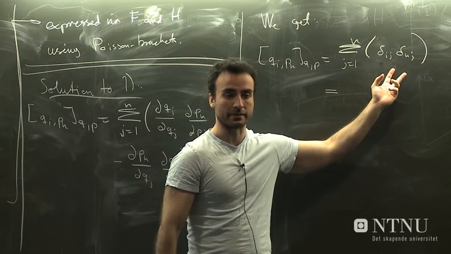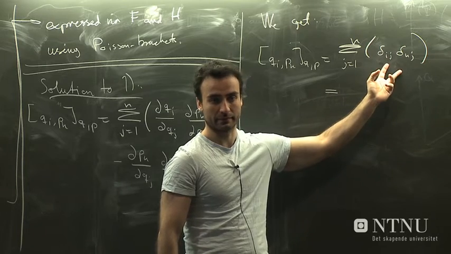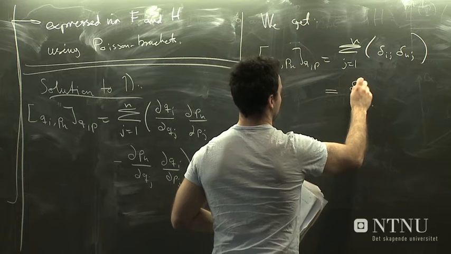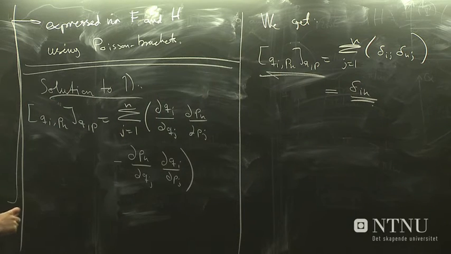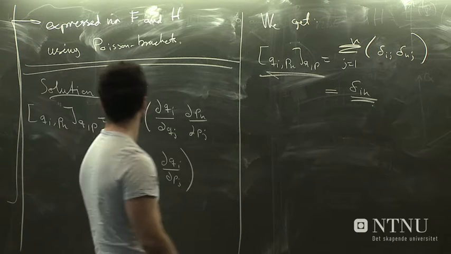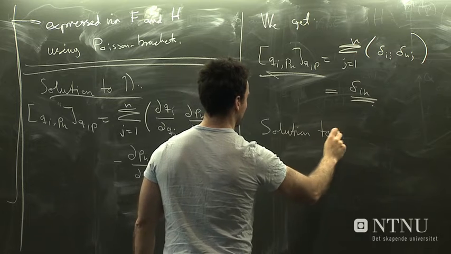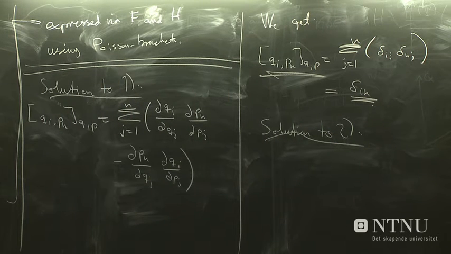But the product of these two combined is only non-zero if it happens at the same time, meaning that we have to have i equal k. So this is the Poisson bracket between the components of the generalized coordinates and the canonical momentum. It's the Kronecker delta. So that was the first challenge.